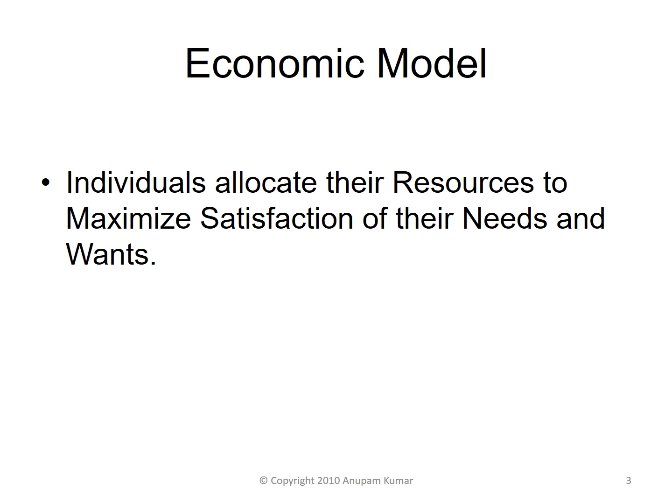It states that individuals allocate their resources to maximize satisfaction of their needs and wants. The key words in the economic model are the individuals, resources, maximize satisfaction, and the needs and wants of those individuals. We shall discuss these keywords again later on in this model.